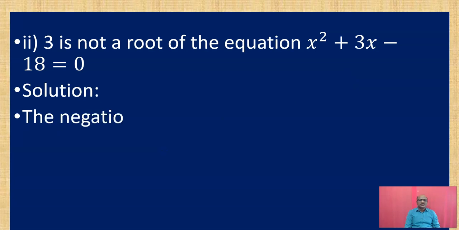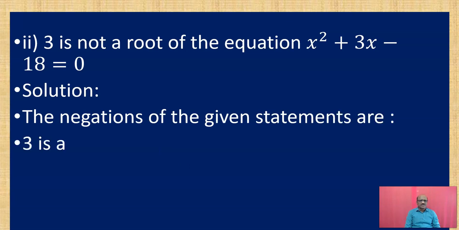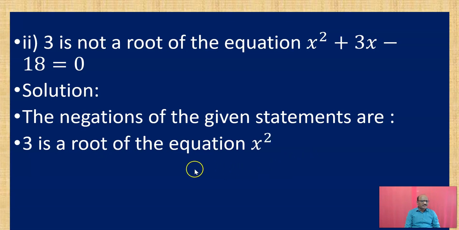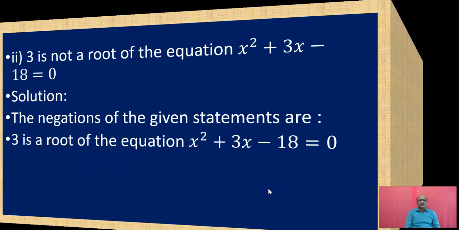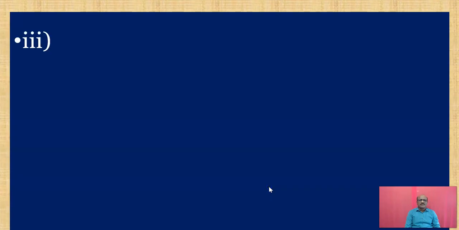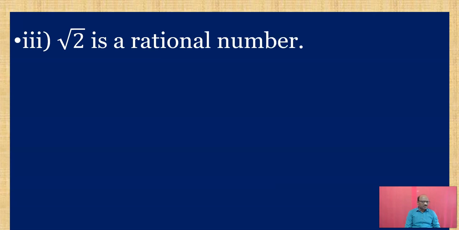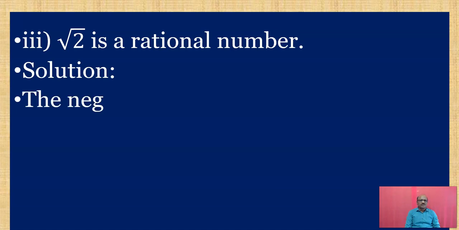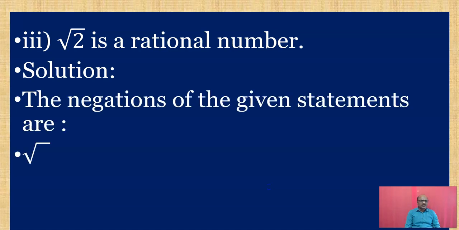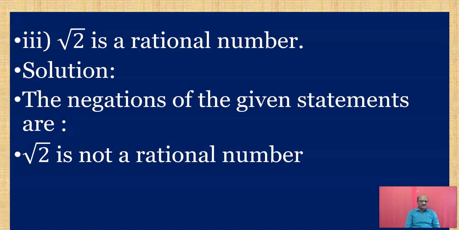Therefore, the negation of the given statement is, 3 is a root of the quadratic equation x square plus 3x minus 18 equals 0. Next, third is root 2 is a rational number. Its negation is, root 2 is not a rational number.